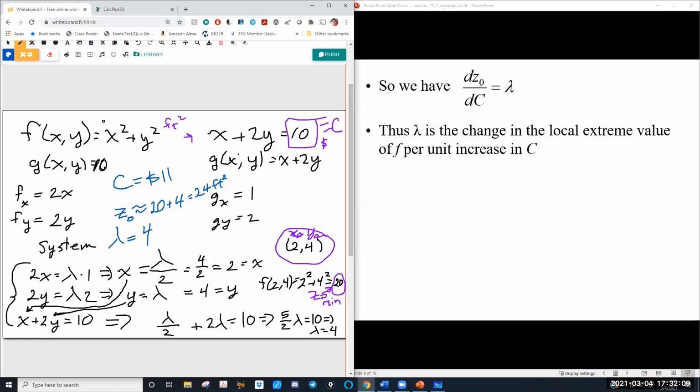Well, z, our function, our optimal value was measured in feet squared. And our constraint was measured in dollars. So what our lambda means is that at the optimal point of (2,4), our square footage is going up by about 4 square feet per dollar increase in budget.